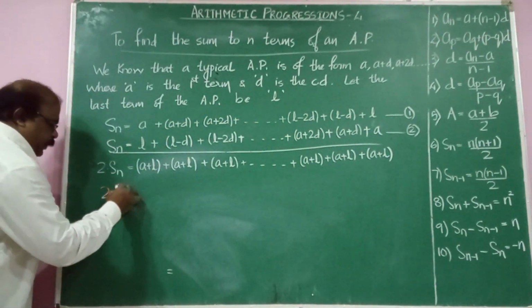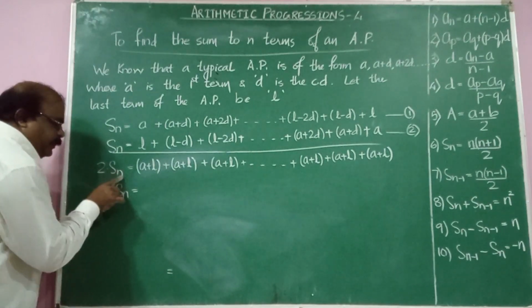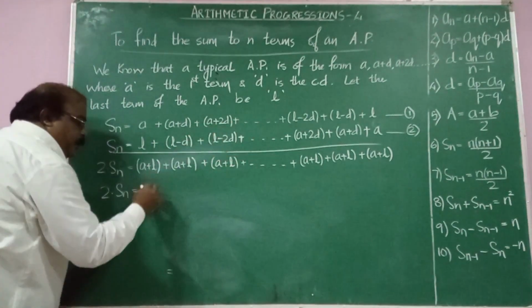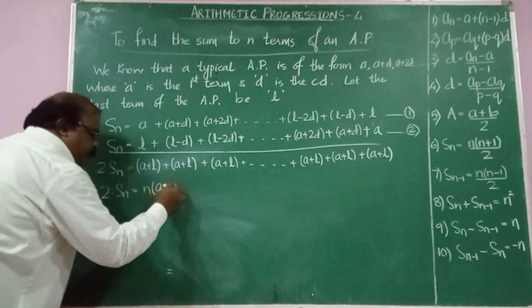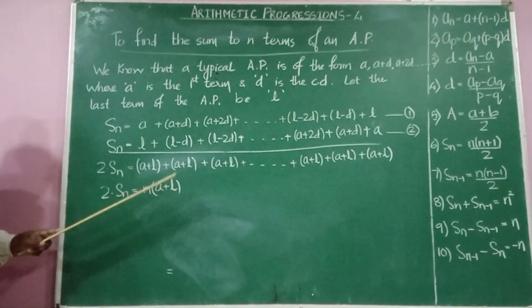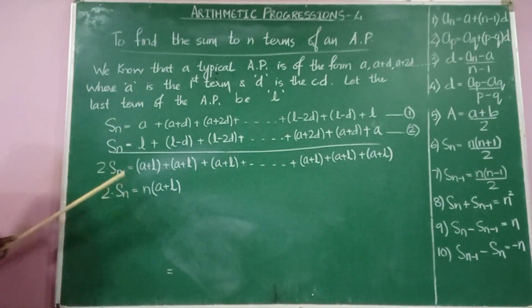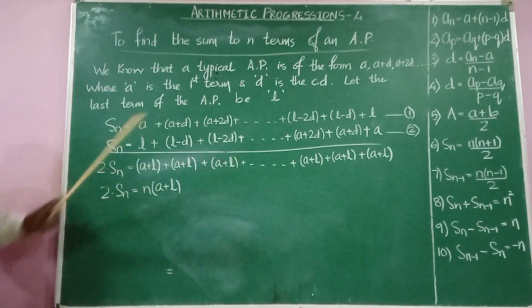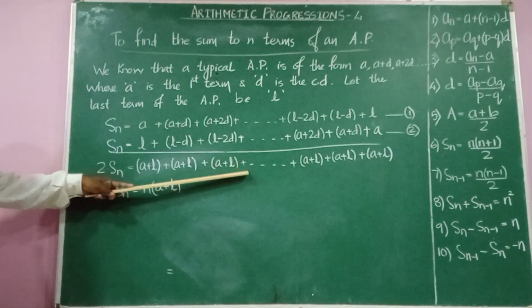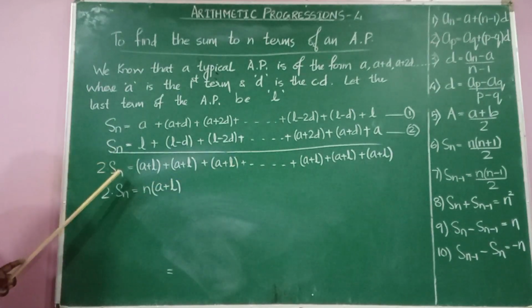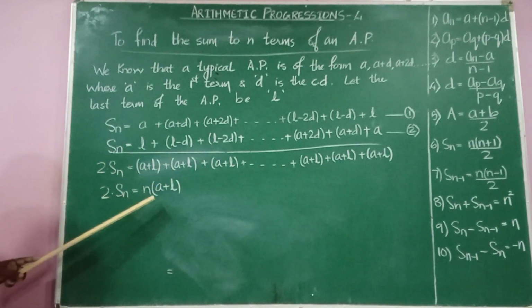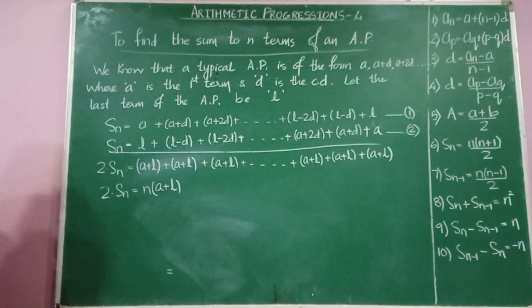So I get 2 times Sn. When you see Sn, that means a plus L is there n number of times. If you see S5, you should know that there were 5 terms. If you see S10, you should know there are 10 terms. Since you are seeing Sn, that means a plus L is there n number of times.